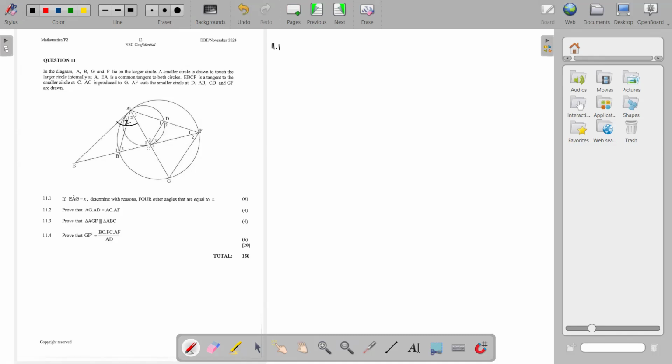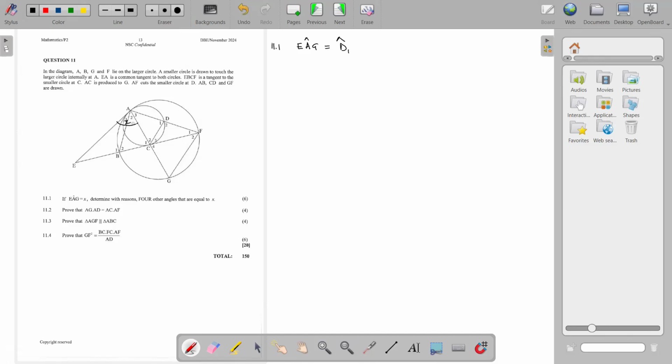So if we concentrate on the smaller circle, here we are having a tangent AE, and AC is a chord. You have to know that the angle in the alternate segment will be equal. So we can conclude that the angle EAG is equal to angle D1.